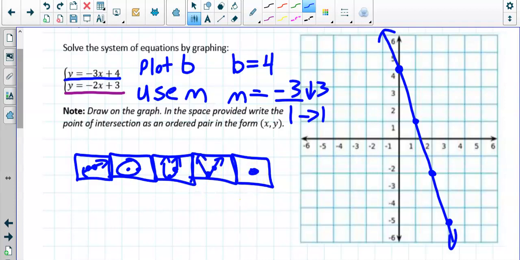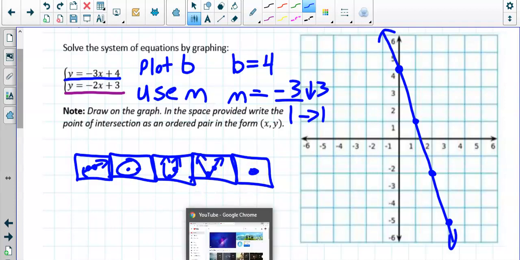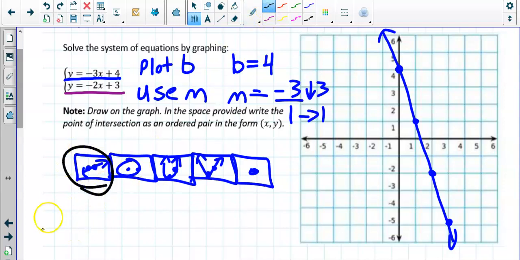So when you're doing this, you're going to be using this first box. Remember, it takes 2 clicks to make the line. Your first click should be the y-intercept, and your second click should be after you've used the M, and then it solidifies the line for you. So you don't have to keep going like what I did. I just did it so I can draw a straighter line.